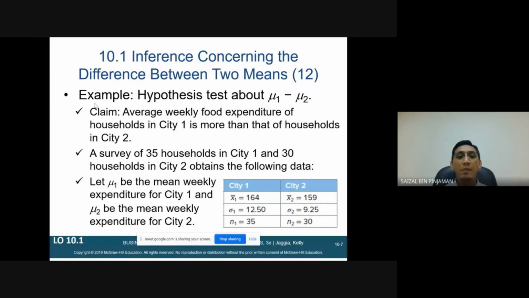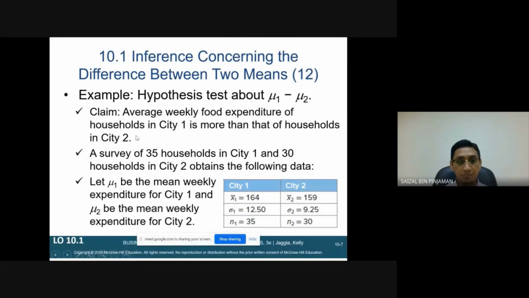A claim made by a researcher, a claim made by analysts. That analyst is usually you. The person who conducts the hypothesis testing is usually referred to as you. You are the one that claims that the average weekly food expenditure of households in City 1 is more than that of households in City 2.